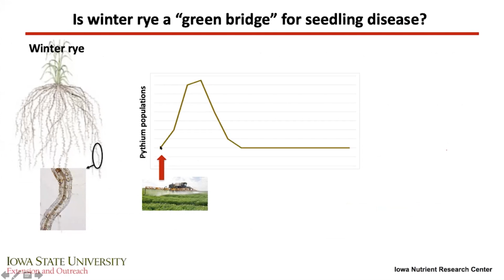And what you'll see is this increase in the population, and then slowly that population will decline and go back to background levels. So what happens is if we plant corn too soon after we've sprayed the rye with the herbicide, we're planting corn into a period of time when the populations of the Pythium are very high. So it's almost like planting your corn into a petri dish full of Pythium, right? And so that increases your risk for seedling disease.